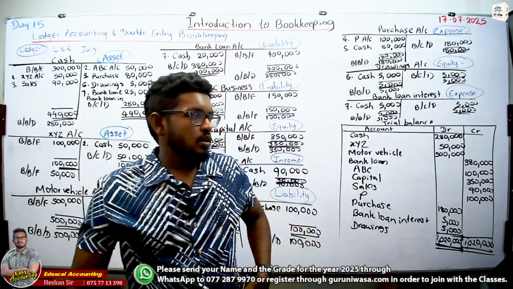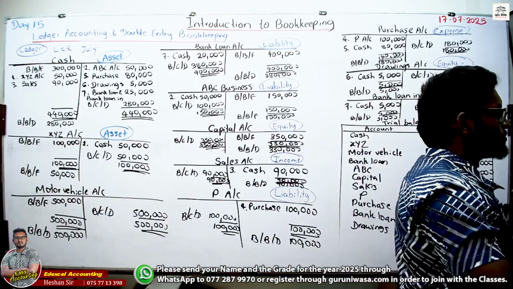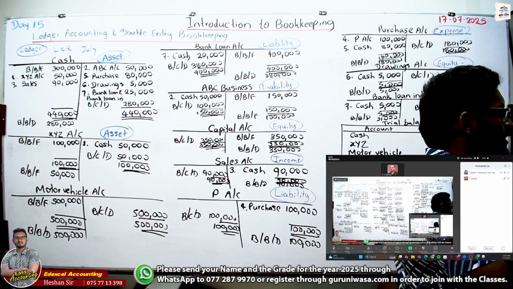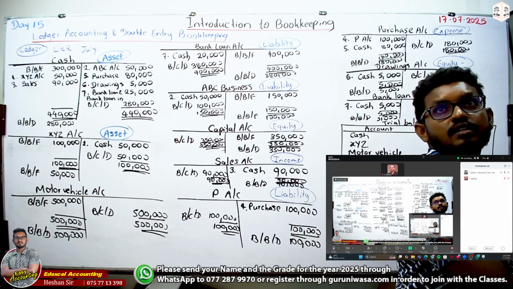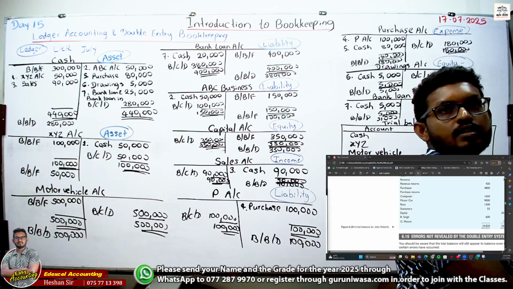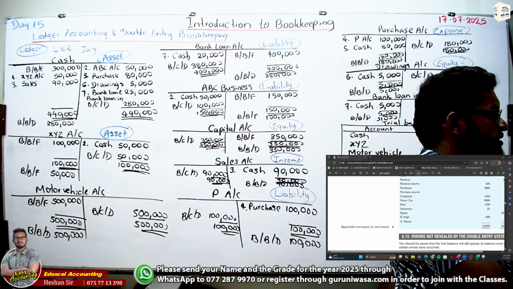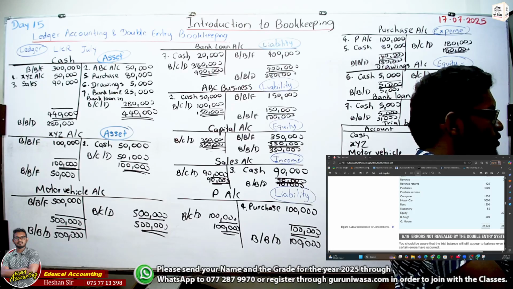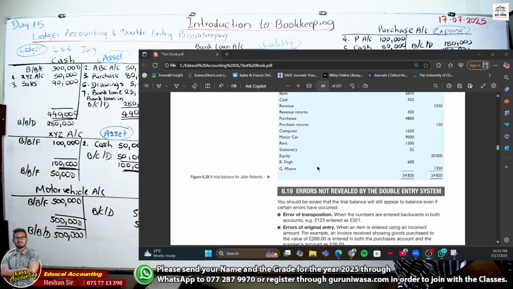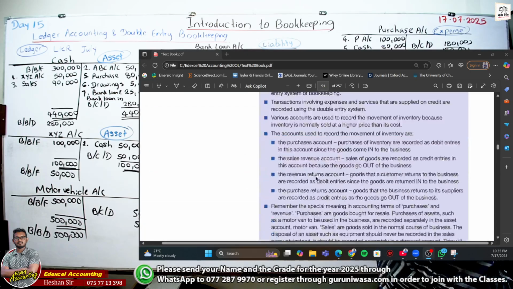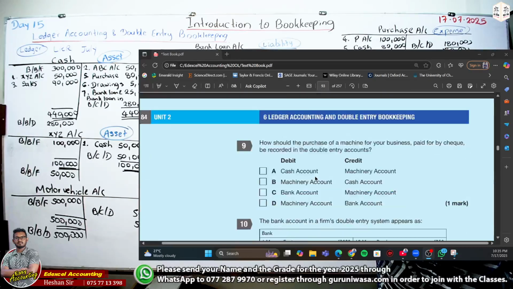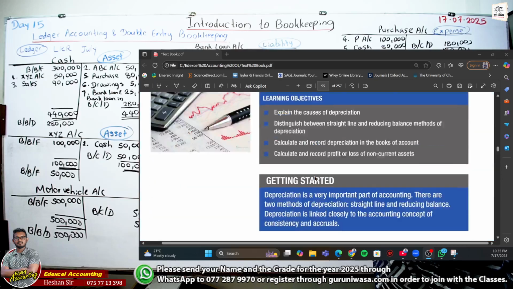Okay, so you need to have a clear idea about this part, right? Now you can see the term called trial balance we discussed. The errors and the other part I'll discuss on Saturday. Clear to you, right?